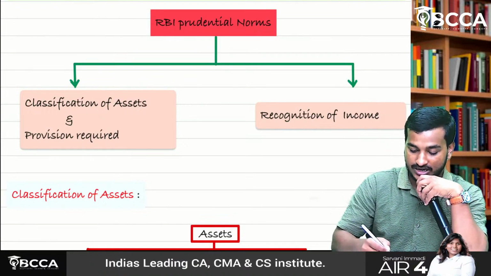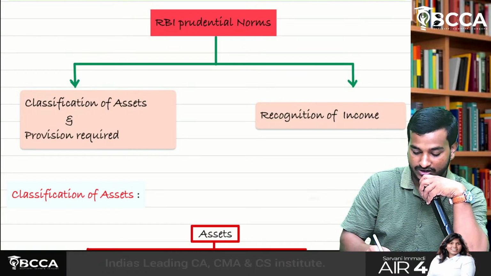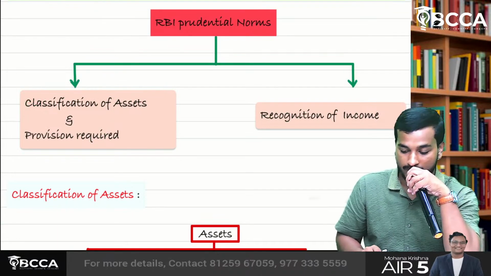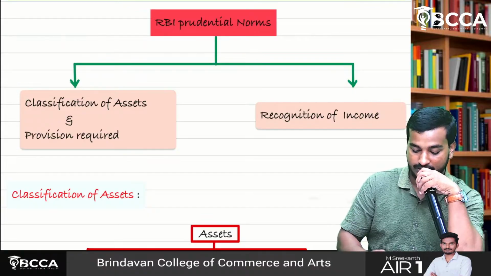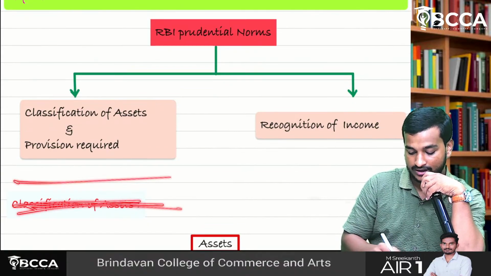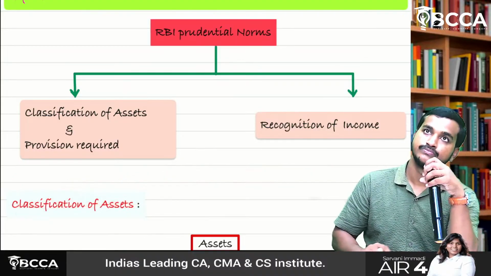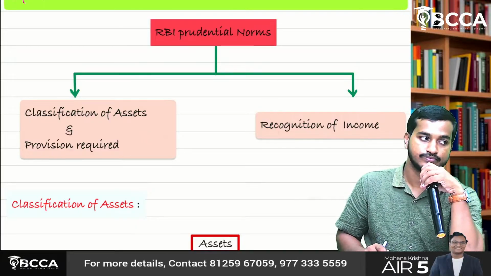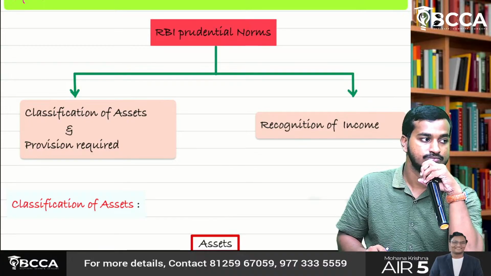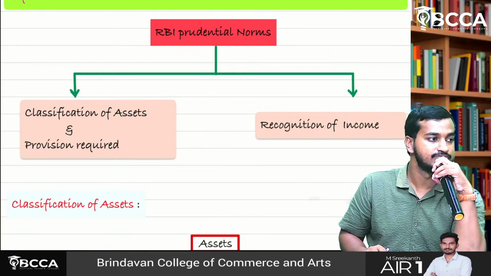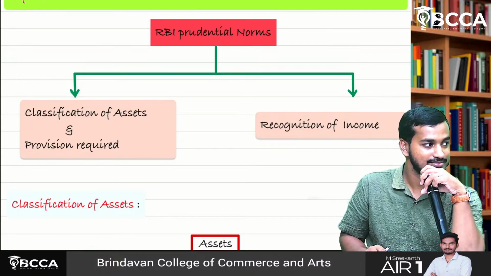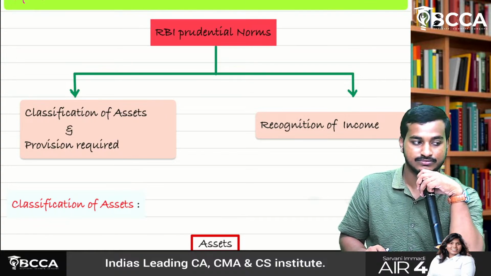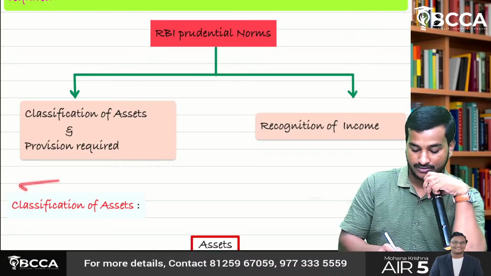So first copy this chart. RBI prudential norms, first category: first norm, classification of assets and provisions required. Second norm, recognition of income. Up to this, only this chart. This will be our concept number 3. This is concept number 4. Write this chart only.